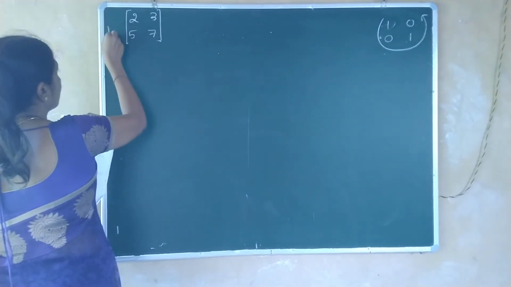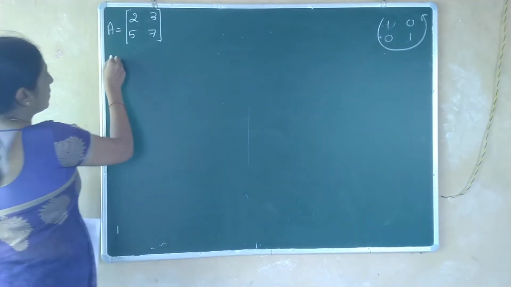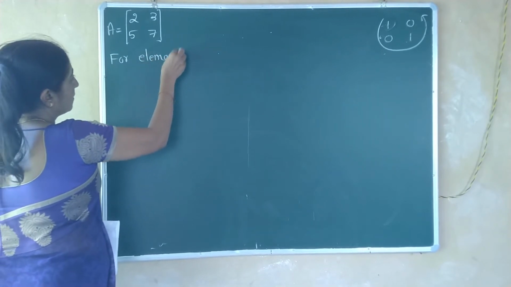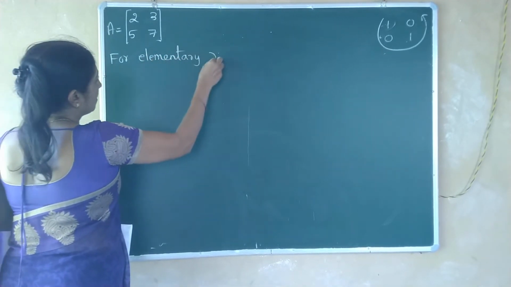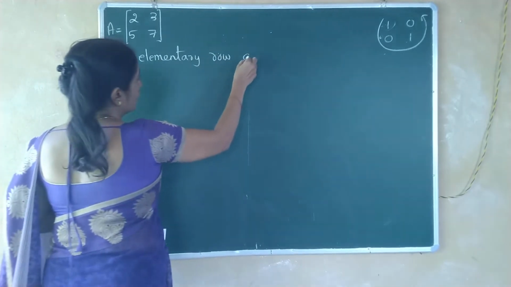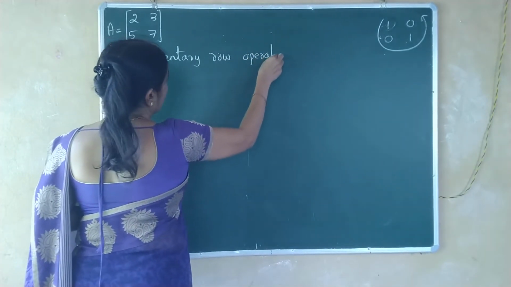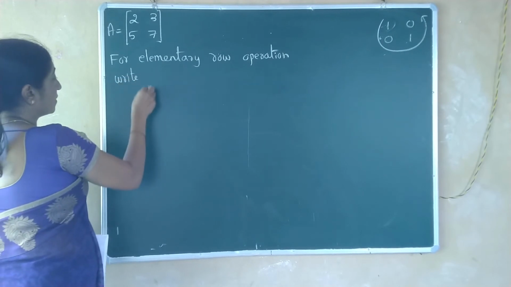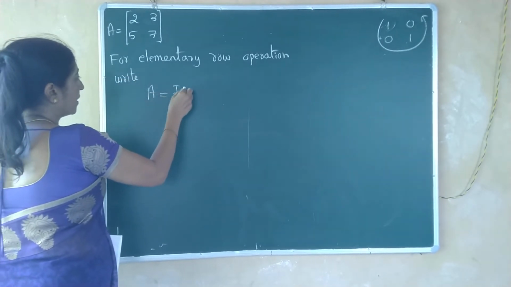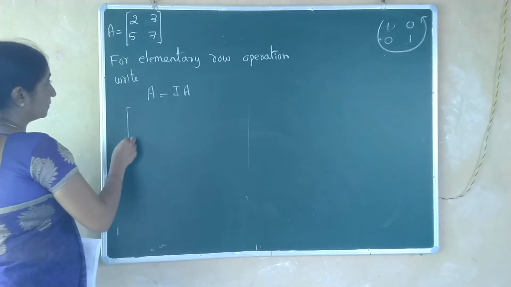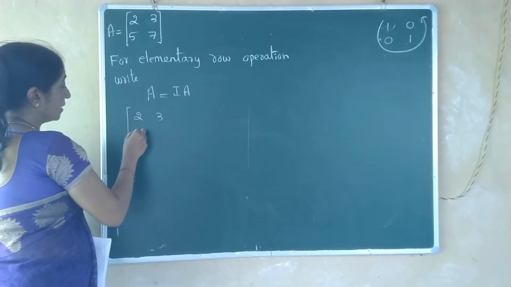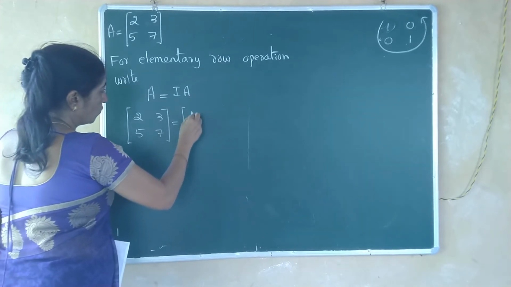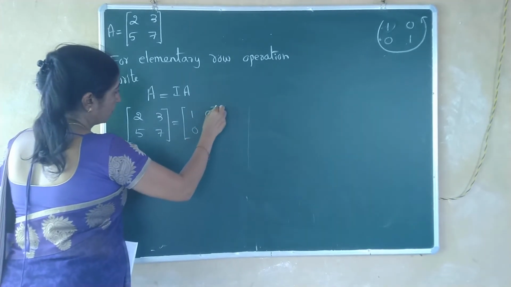Let us take this as A. For elementary row operation, write A is equal to I into A. 2 3 5 7. This is 1 0 0 1.